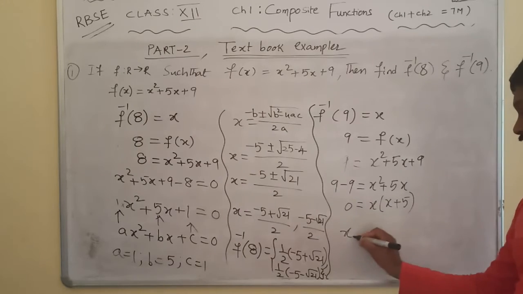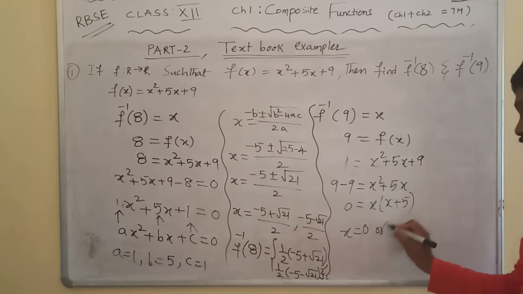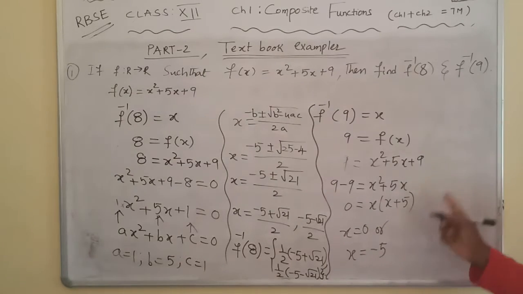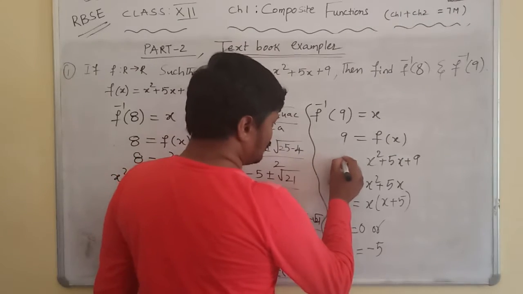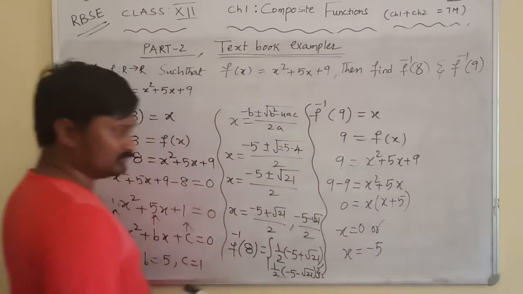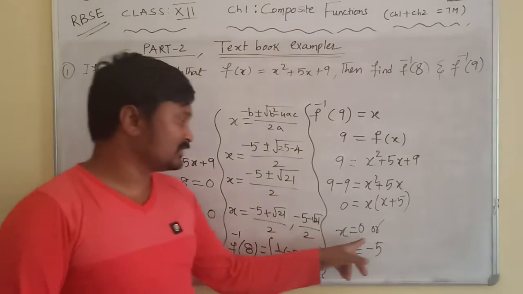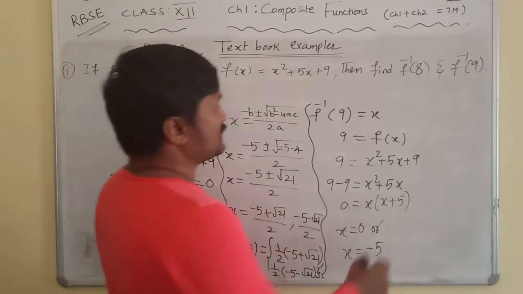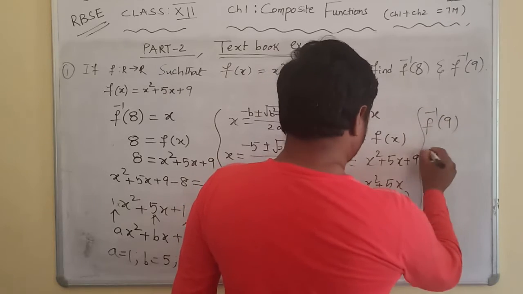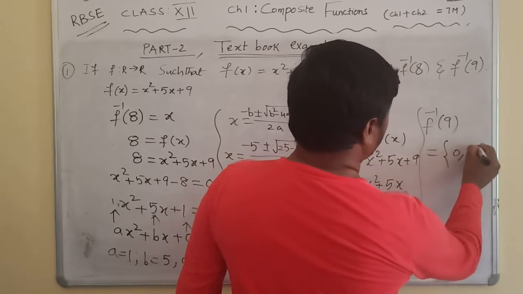So x is equal to 0 or x is equal to minus 5, because here plus 5, go to that side, minus 5. So x is equal to 0 or x is equal to minus 5. So at last we can write f inverse of 9 is equal to 0 comma minus 5.